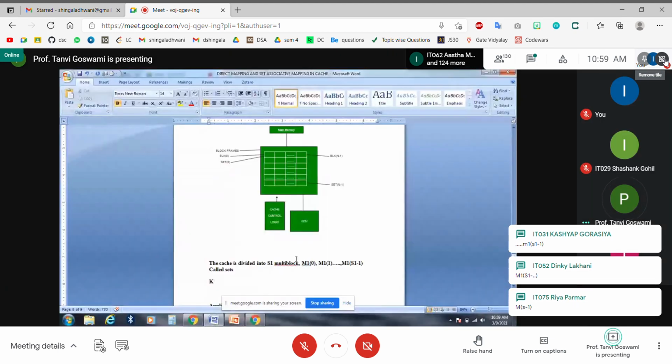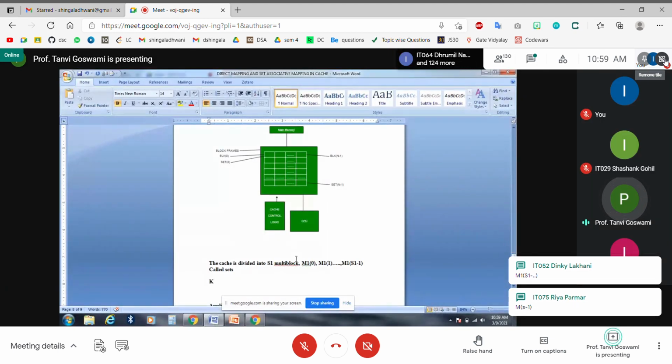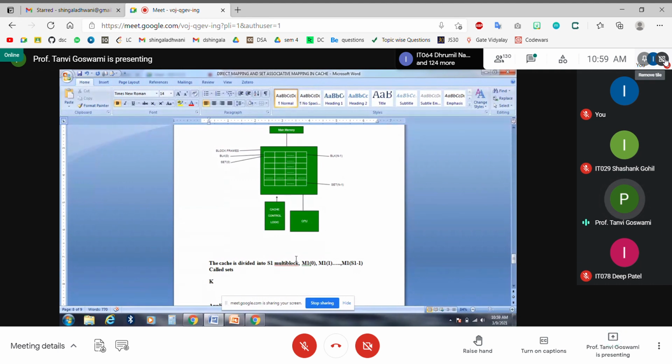Fine. So the cache is divided into S1 sets, and each set is of multiple blocks, where the sets in the cache memory will be M10, M11, up to M1, S1 minus 1. We need to identify that a block which belongs to memory M2, which can be your main memory, is the ith block of M2.